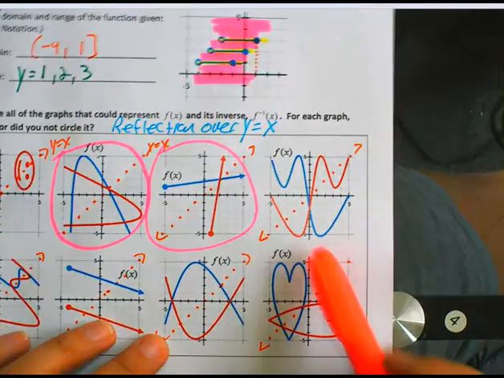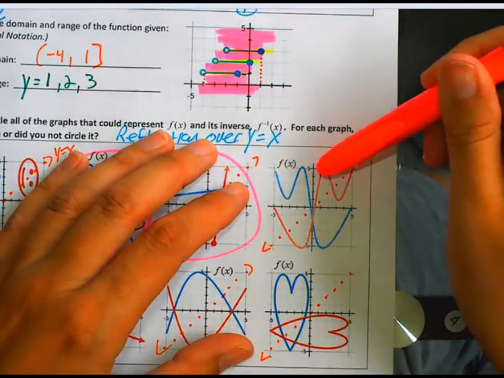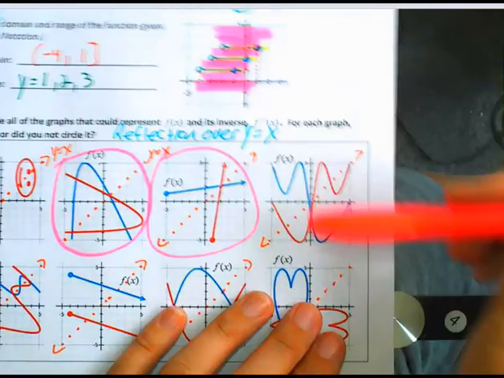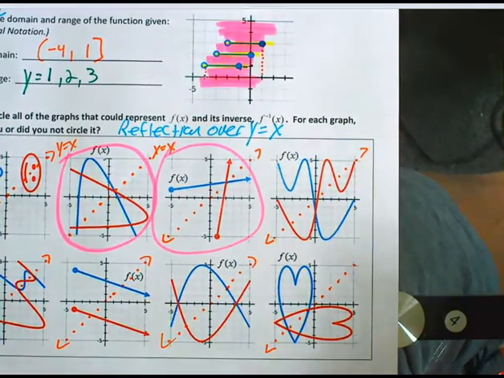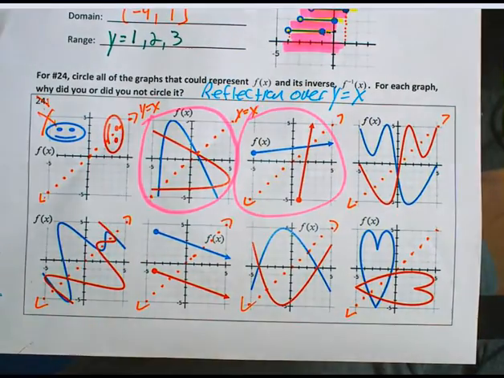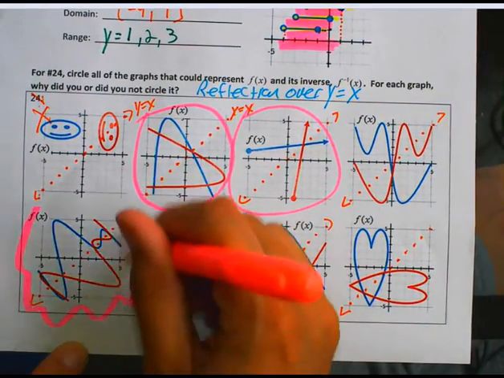Okay, this one here, notice that if I fold this graph over, it is not going to meet the blue graph on the other side. So that one's not one. Taking a look at this one, if you fold it over, you will see they match up. So this is one.